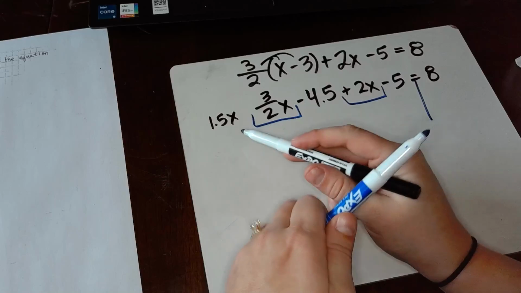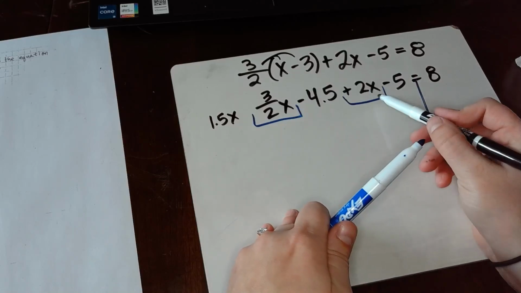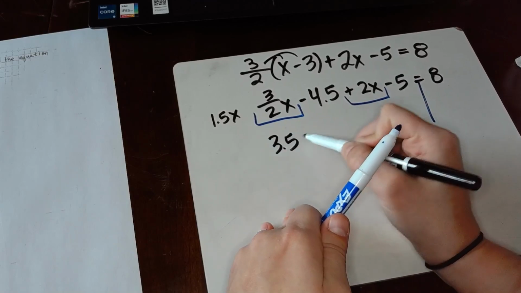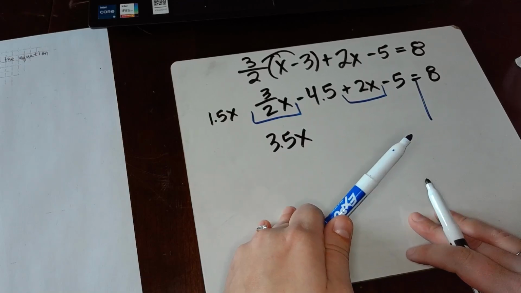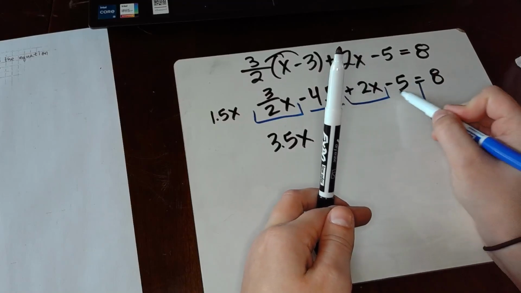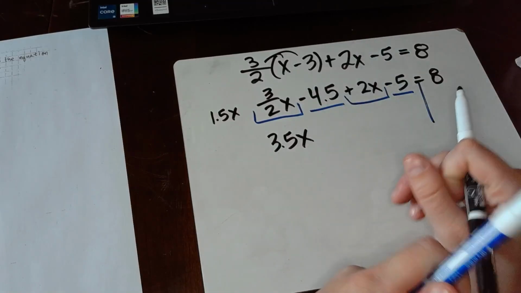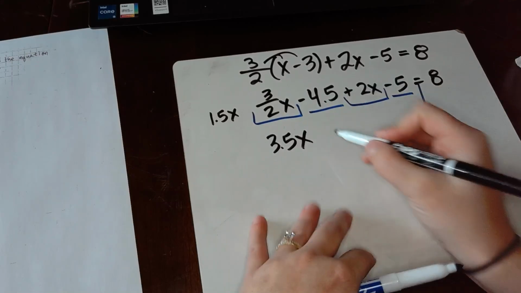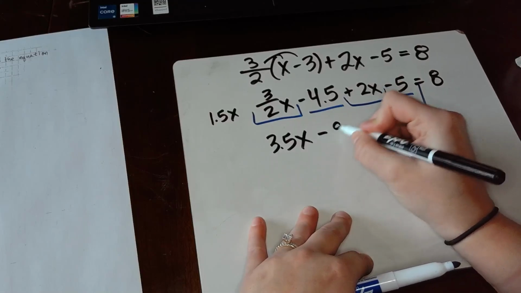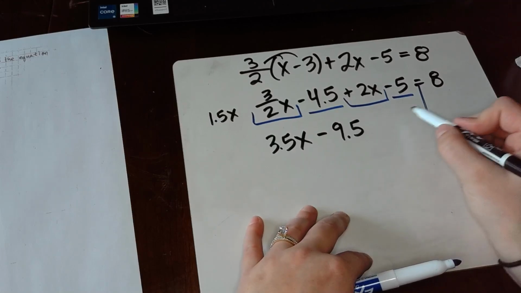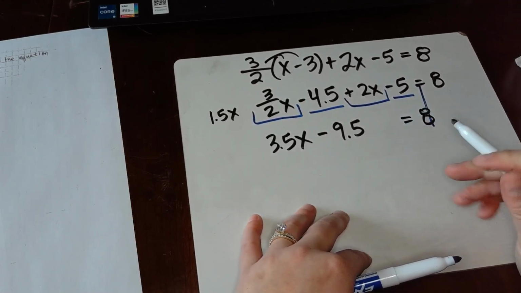If we combine 1.5x with 2x, we would get 3.5x. If you combine negative 4.5 and negative 5, you have the same sign, so you add and keep the sign. You would get negative 9.5. And that's going to equal 8.